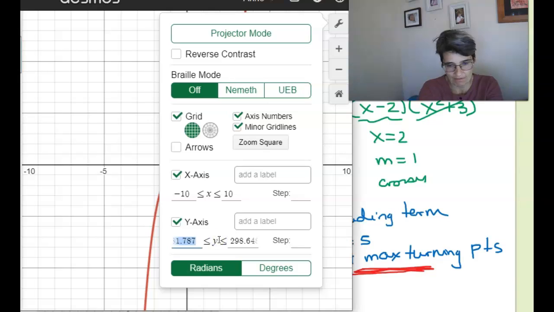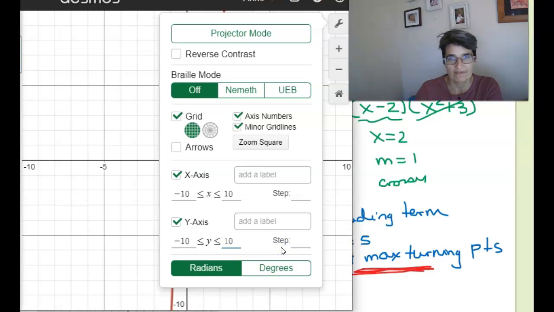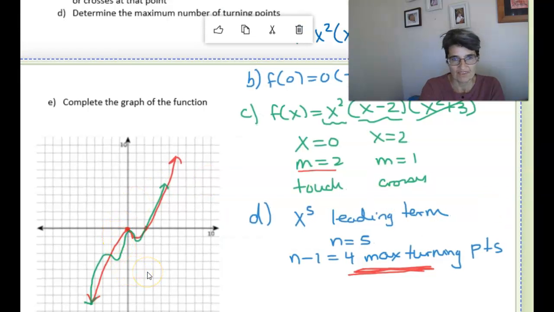Make the y values from -10 to 10. Alright, so up, touch, turn back, and cross through x equals 2. Okay? So the red version was the correct one.